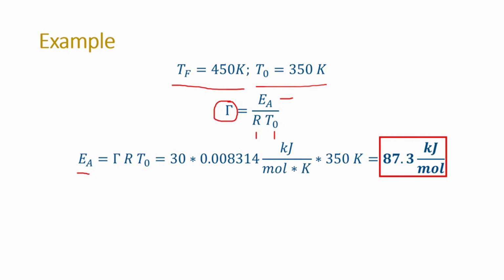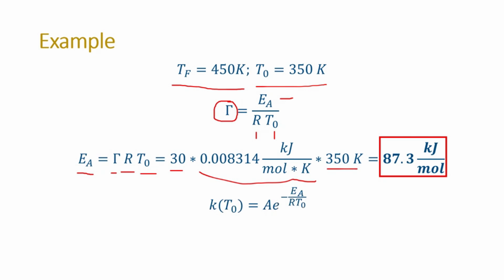So we can calculate the activation energy by multiplying sigma by R, in the units that we need to get EA in kilojoules per mole, and the onset temperature. So you have 30 times the gas constant, 0.008314 kilojoules per mole Kelvin, and the onset temperature, 350 Kelvin. We get the activation energy as equal to 87.3 kilojoules per mole.